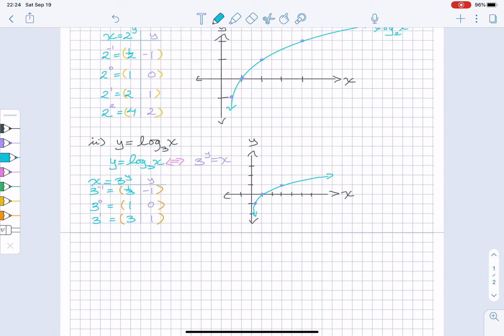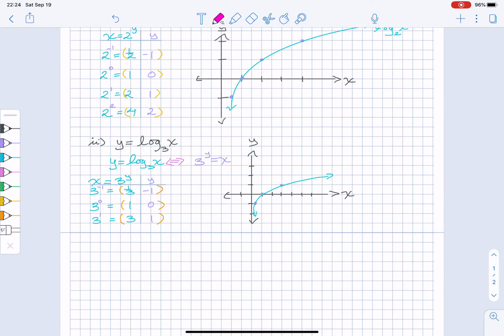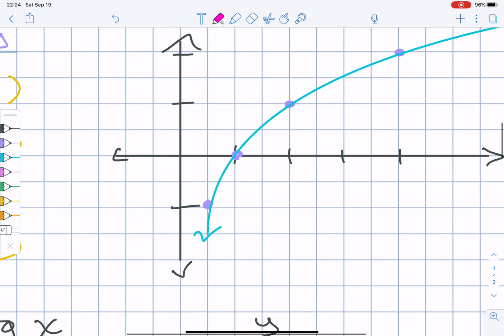Okay, note that each of these seems to terminate or be a bit larger than 0. Maybe I have to zoom in to make it better. I know what I'll do is I'll make it over here and then move it. There we go.